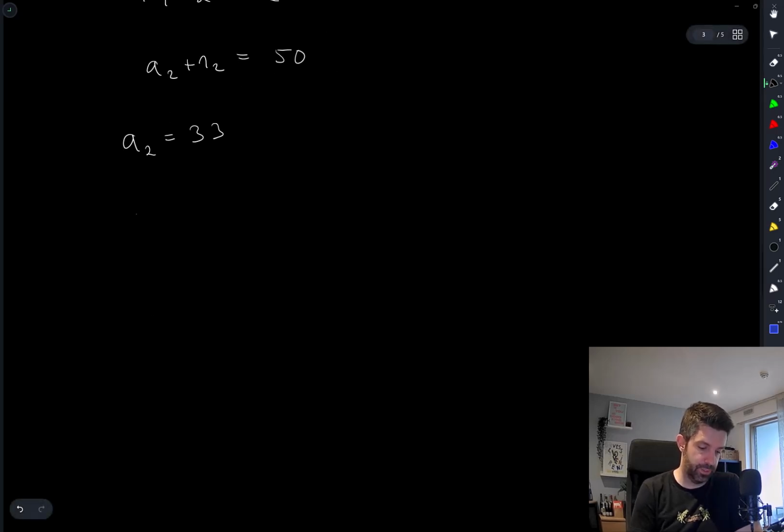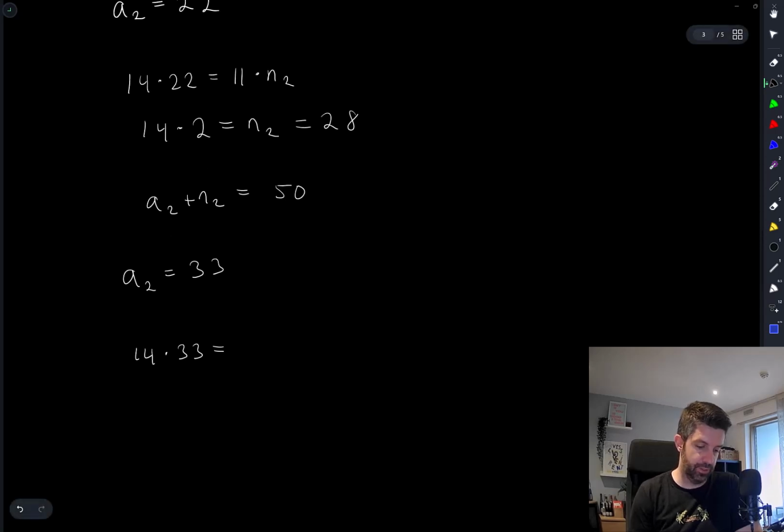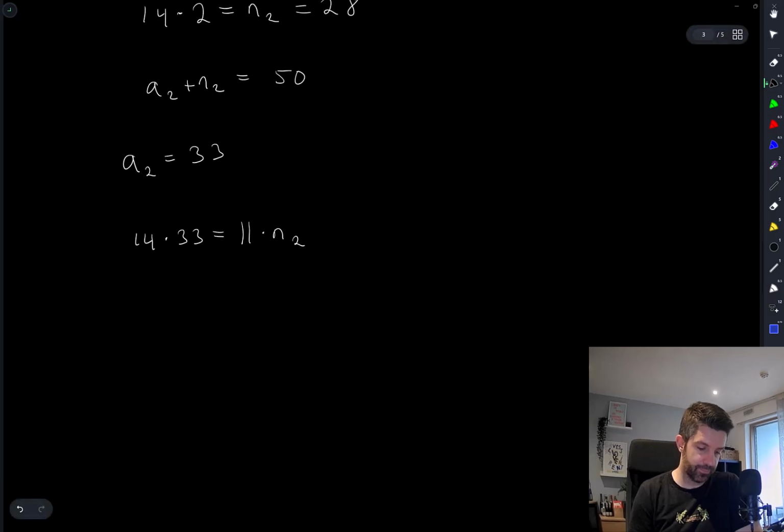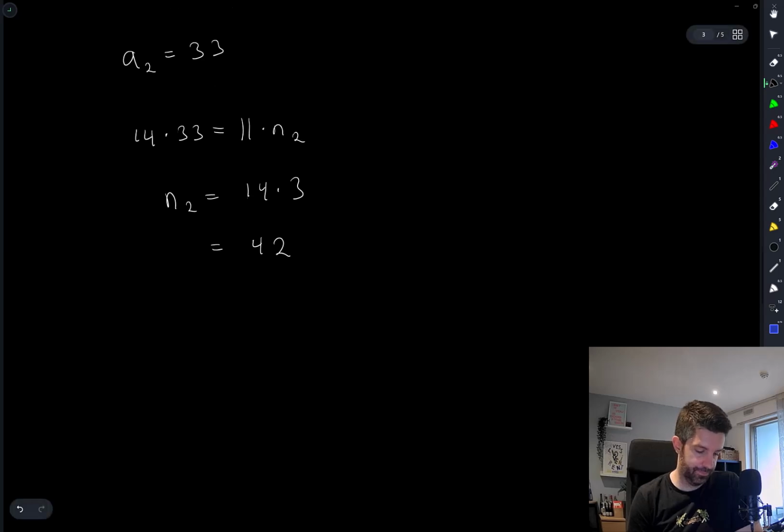Then I have 14 times 33 is equal to 11 times N2. So N2 is equal to 14 times 3, which is 42. Is that right? Yep.